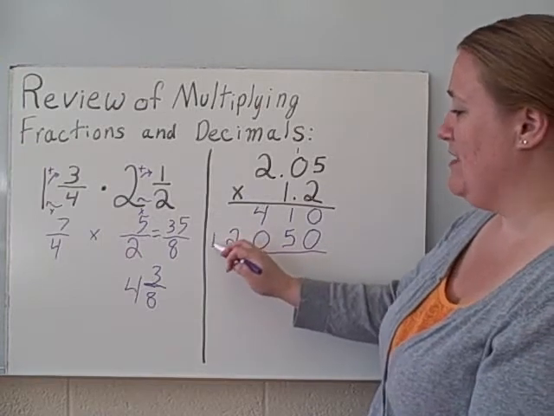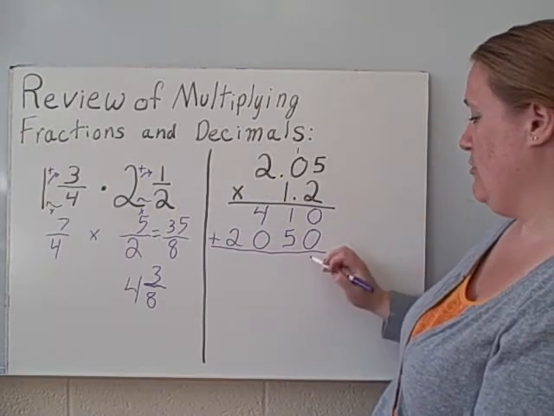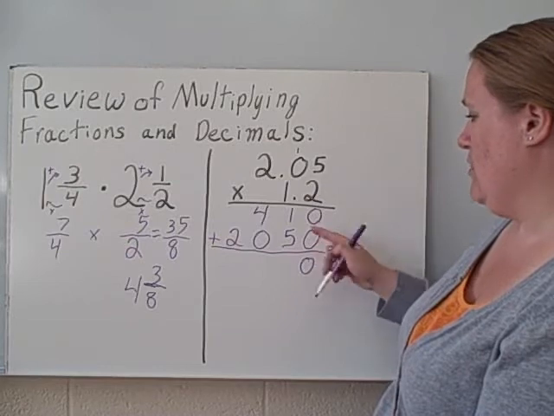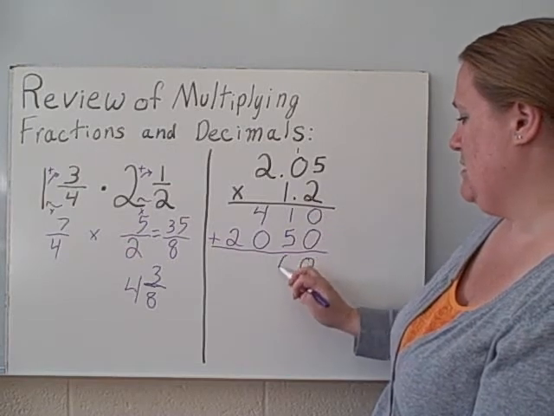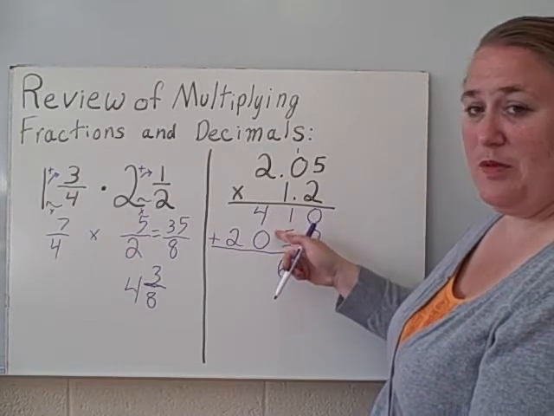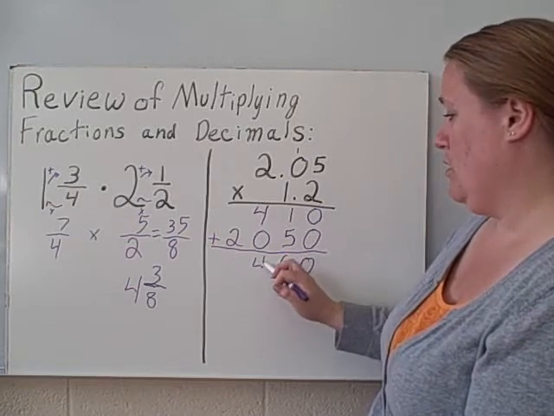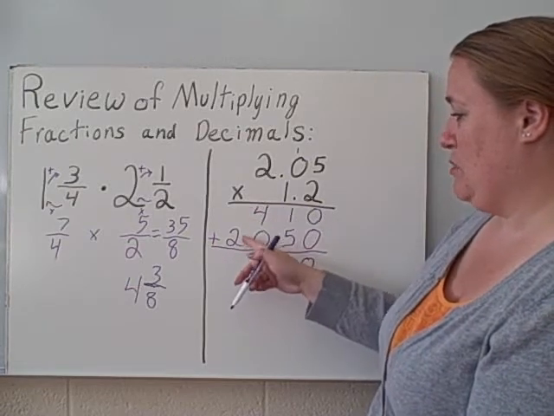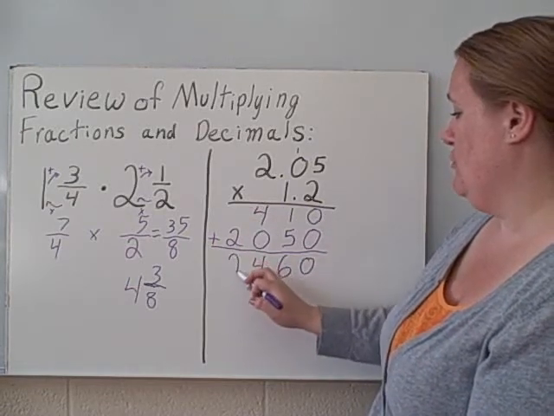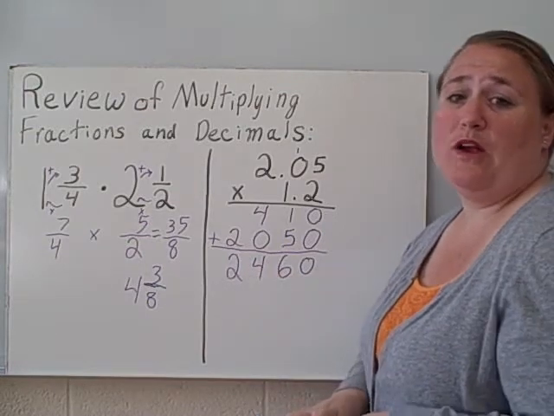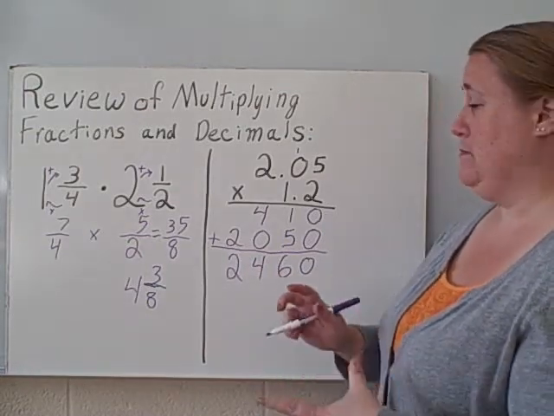And we have to add these together. 0 plus 0 is 0. 5 plus 1 is 6. 4 plus 0 is 4. And nothing plus 2 is 2. Now this is where we have to deal with those decimal places.